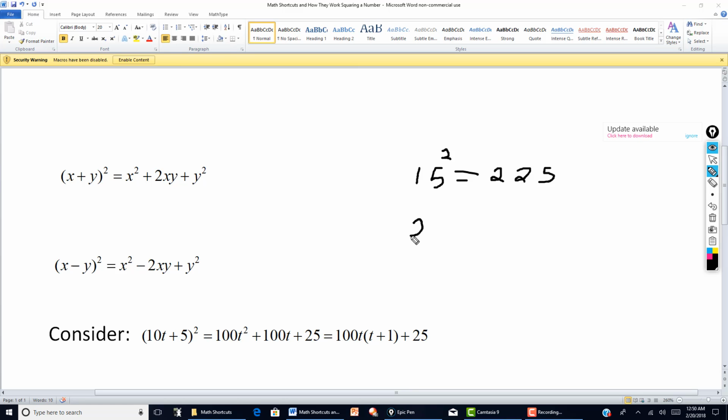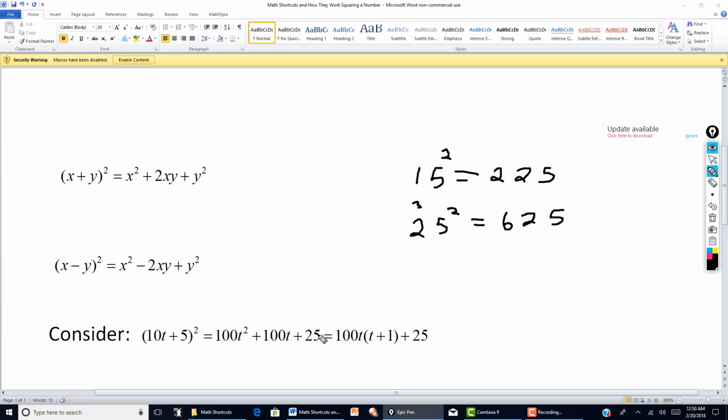Look at the next one, 25 squared. All you have to do is add 1 to the 2, which gives 3, and then you multiply the 3 and the 2. You get 6. And then this is 25.